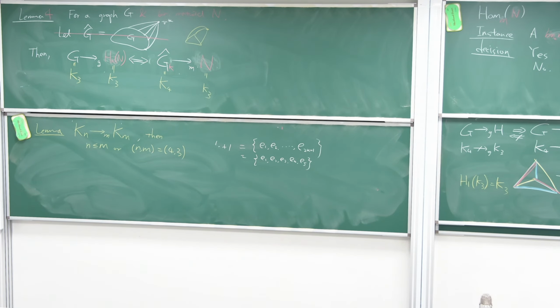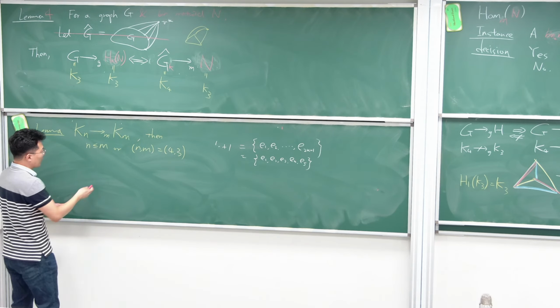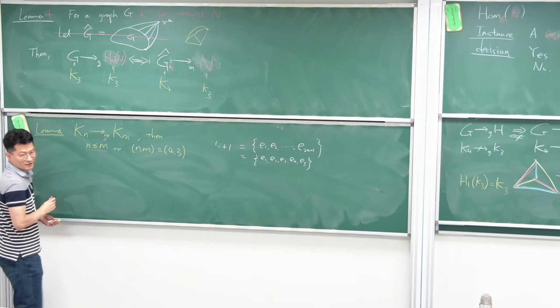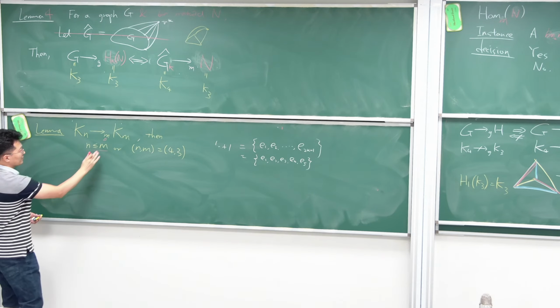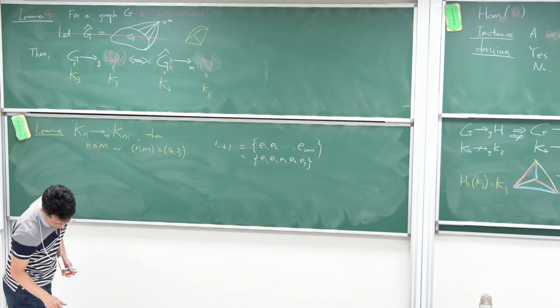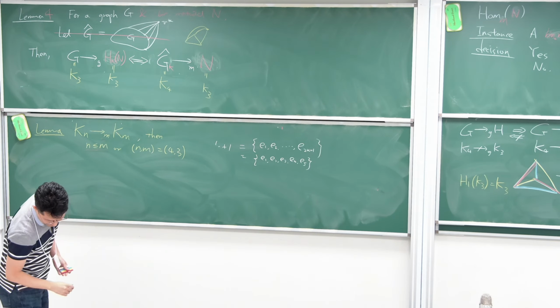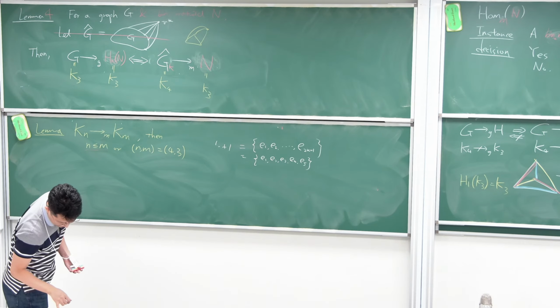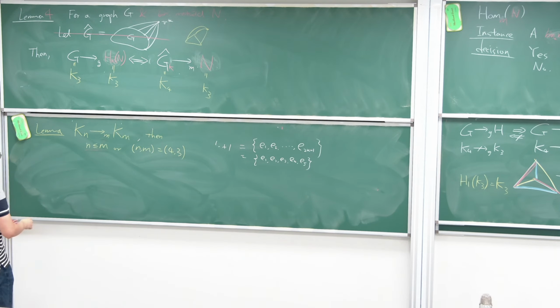So it's kind of interesting because for graph matroids we have only this. So I think we can skip this direction.